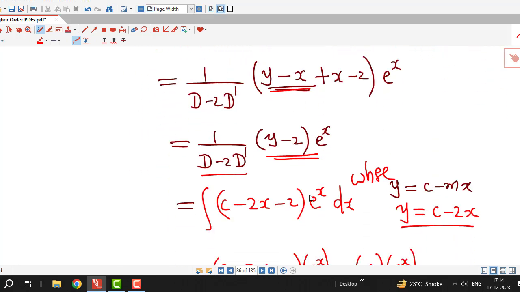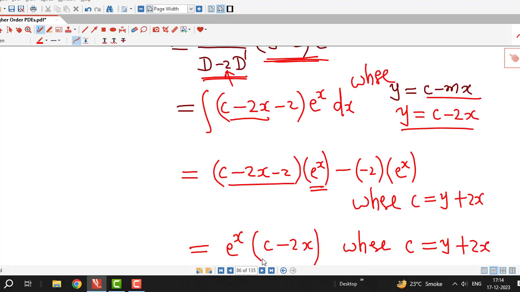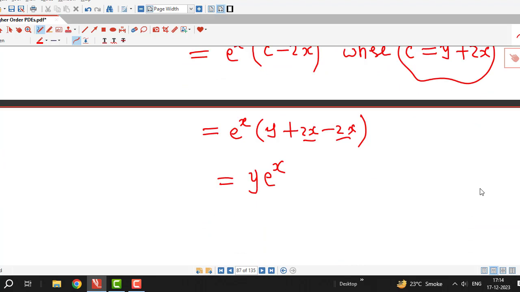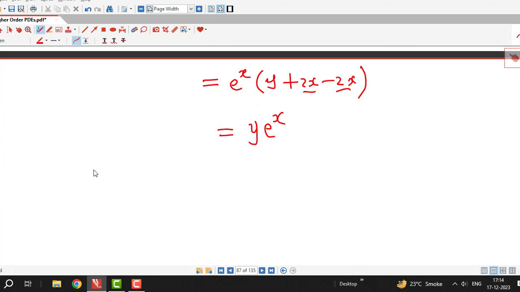and again we operate this factor d minus 2 d dash. So for that, here m is 2, so we replace y by c minus 2x in the right hand side, and then we integrate, and after integration we are replacing c by y plus 2x. And finally, don't forget to write down the general solution.